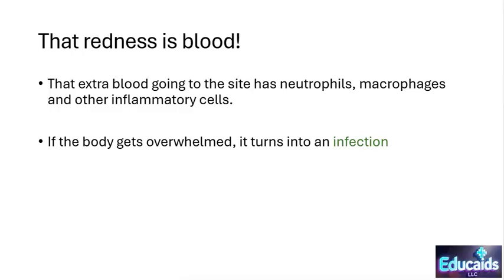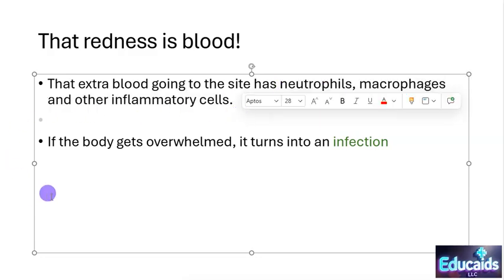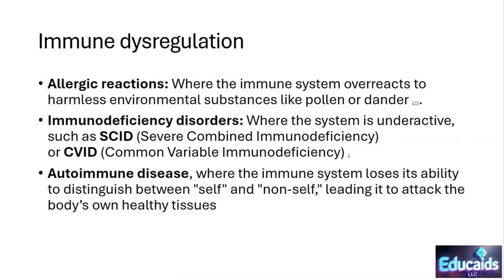It knows that there was an insult or an injury and it's trying to fix it. The reason why it's red is because there's extra blood going there. That redness is blood. So we've got neutrophils, macrophages, and other inflammatory cells going there. We are going to go over these more later in the year. When the body gets overwhelmed, it turns into an infection.